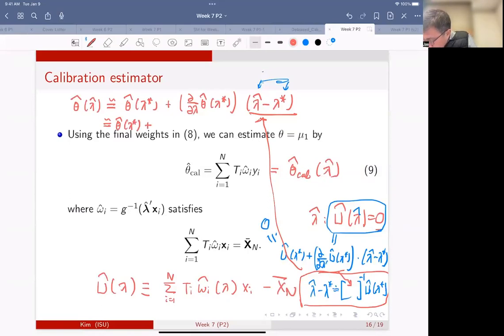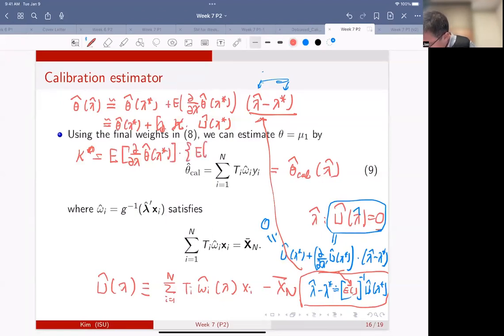Then you can get something like this. Actually you can take expectation too. So some constant times what you had at lambda star, and this constant is indeed the expectation of the derivative, minus inverse.